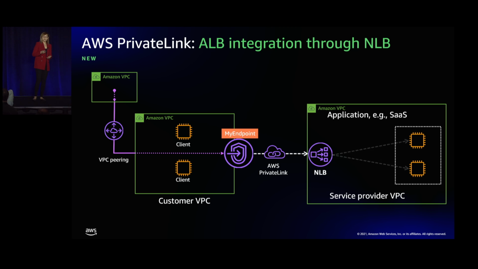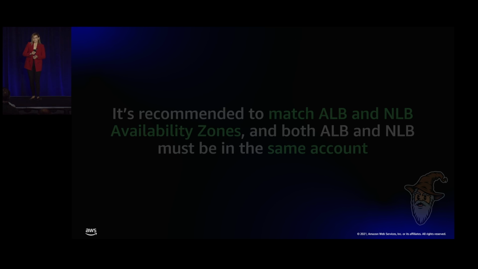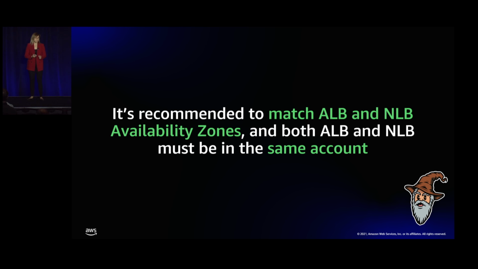And now, with the native integration between NLB and ALB, we can actually have those ALB front-ended services integrated with PrivateLink. One could call out here that we do recommend to match ALB and NLB subnets and availability zones, and both the NLB and ALB need to be in the same account.